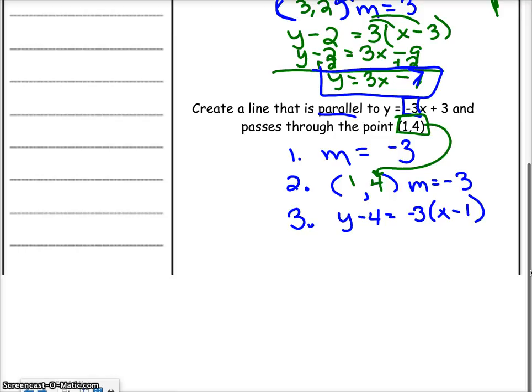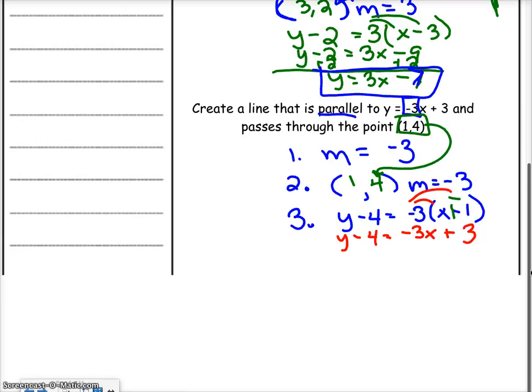Anytime I distribute a negative, so I don't mess it all up, I change it to plus a negative wherever a minus sign is, because I promise you kids mess it up all the time. Now I need to get y alone, so I'm going to distribute. y minus 4 equals negative 3x plus a positive 3.